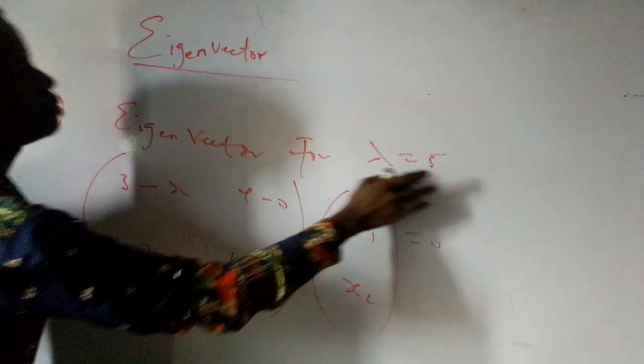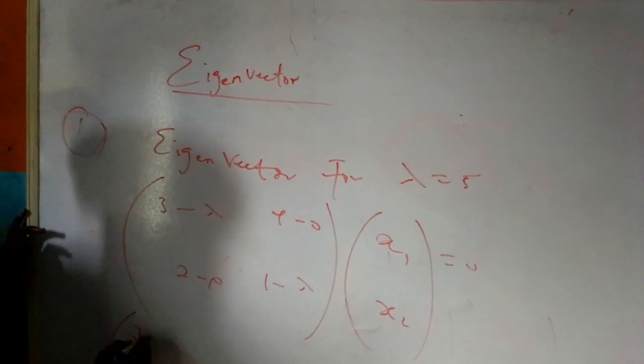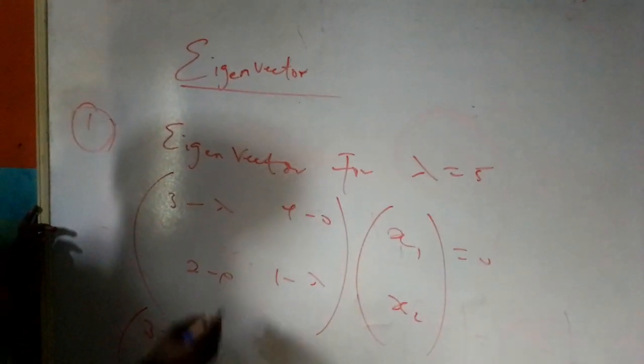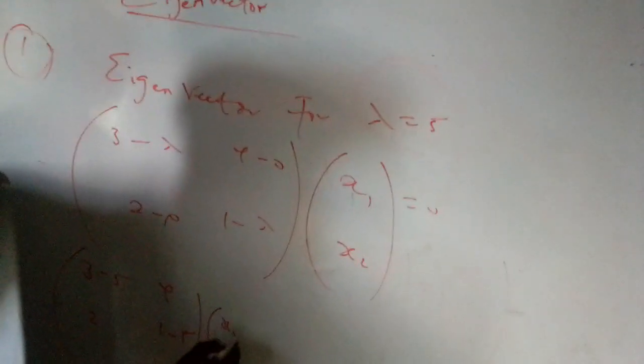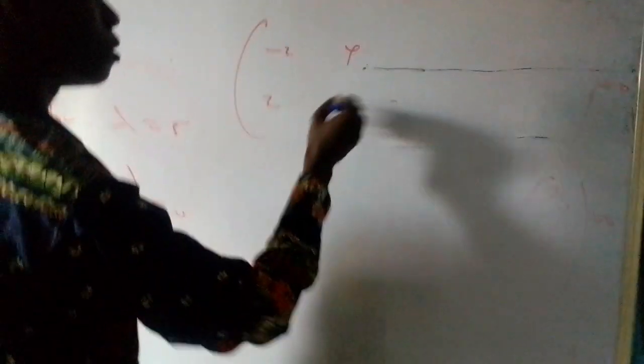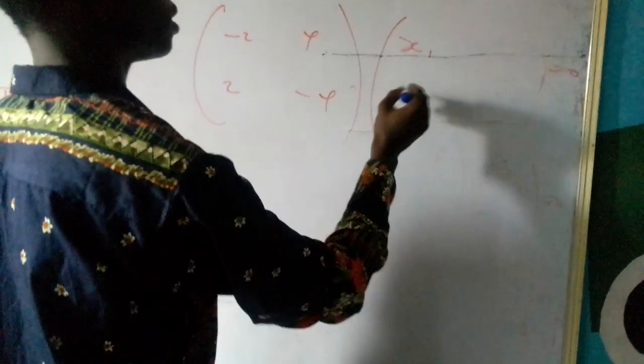Remember that lambda is 5, so bringing in lambda, we have 3 minus 5, 4, 2, 1 minus 5, times x1, x2 equals 0. That gives us minus 2, 4, 2, minus 4, times x1, x2, which equals 0.